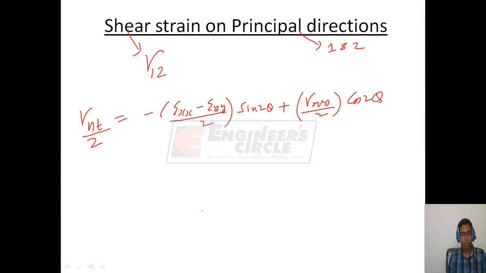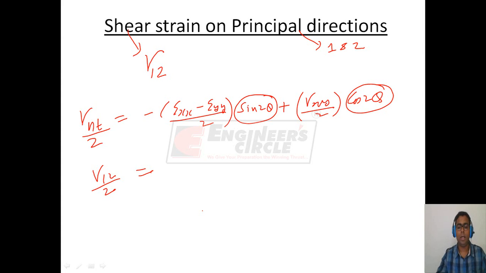So to find the value of gamma 1, 2, we have to put the value of sine 2 theta and cos 2 theta from the equation of principal direction. From the equation of principal direction, we had obtained that sine 2 theta is equal to gamma xy by 2r and cos 2 theta is equal to (epsilon xx minus epsilon yy) by 2r, as we have seen here.